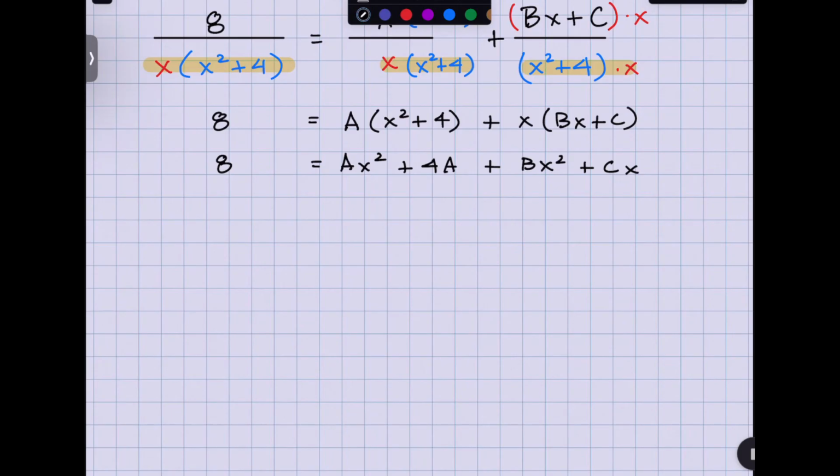All right, so here's the thing, guys. You're going to see this and you're like, oh, wow, I can't believe we just did that. One of the things you would do on the right side is combine like terms. Is that right? Okay, great. Let's go ahead and do that. We get Ax squared plus Bx squared plus Cx plus 4A.